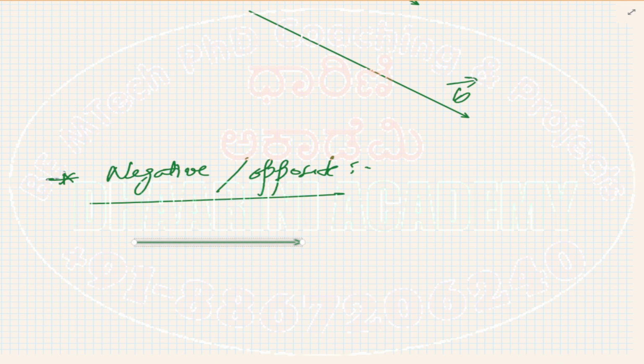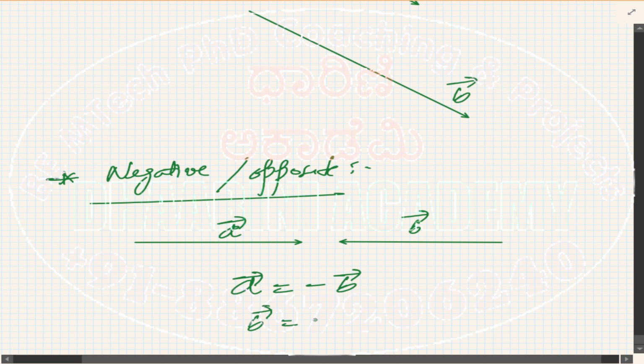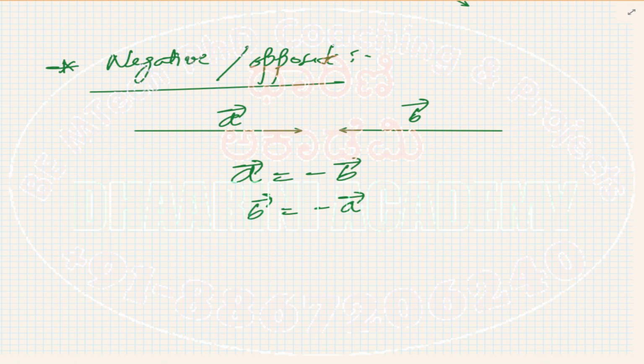All right, so this is the first vector. Let me denote a second vector over here. So this is vector A, this is vector B. So vector A is minus of B vector, or vector B is equal to minus of A vector. You can see that they are said to be negative.